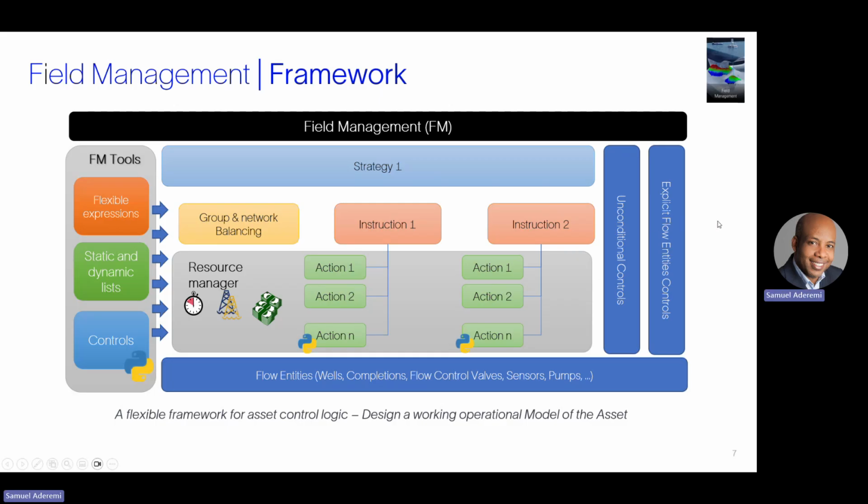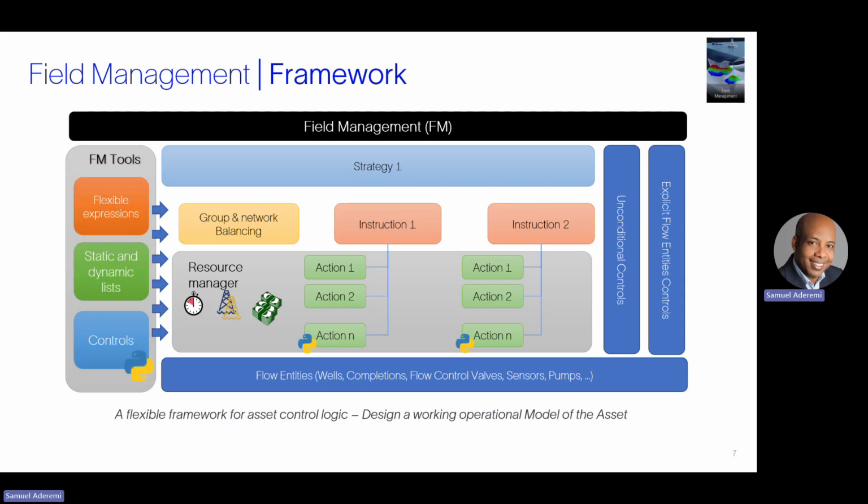You have things like the inputs, like the flexible expressions that you can use. The strategy can use inputs like control, the dynamic list, and so on and so forth. I mentioned the resource management, the option that you can also incorporate into your strategy.